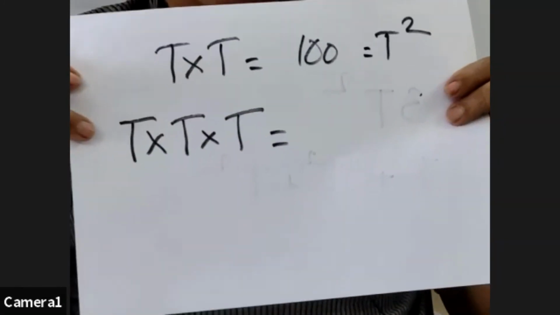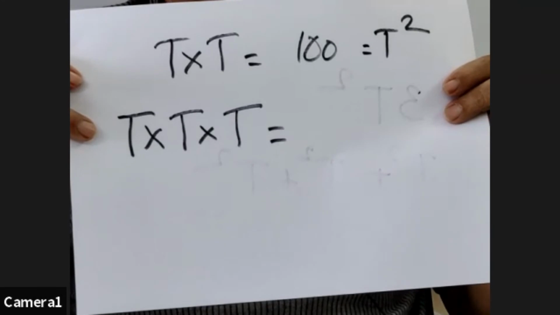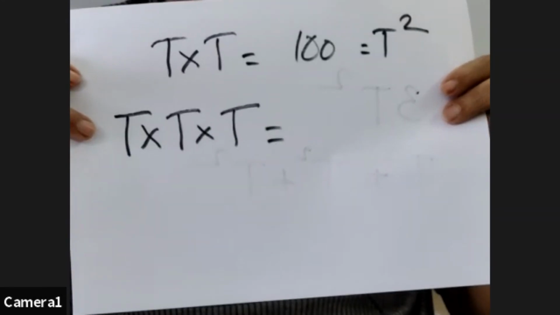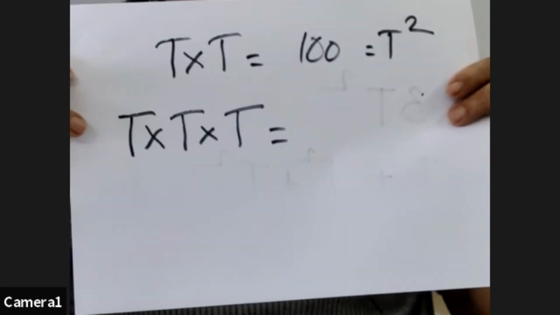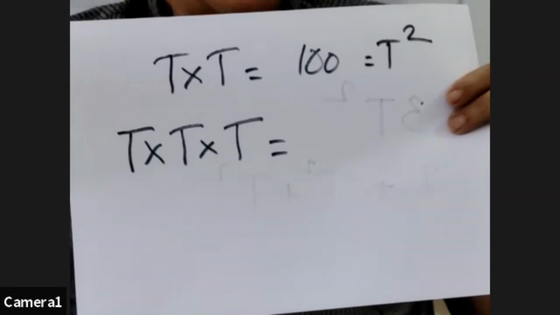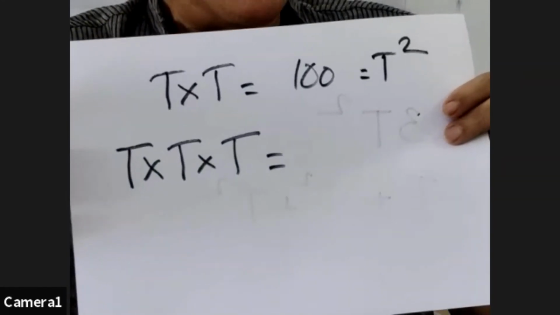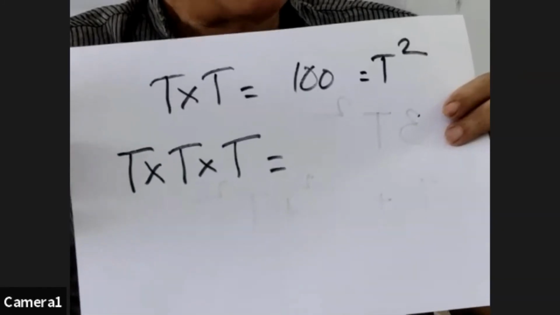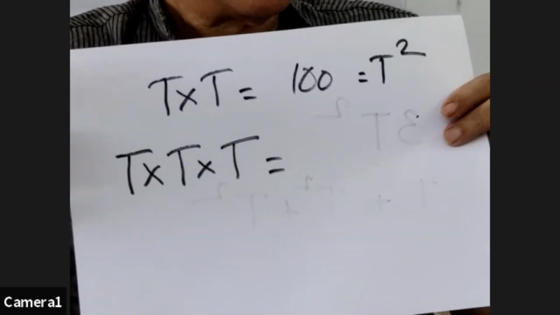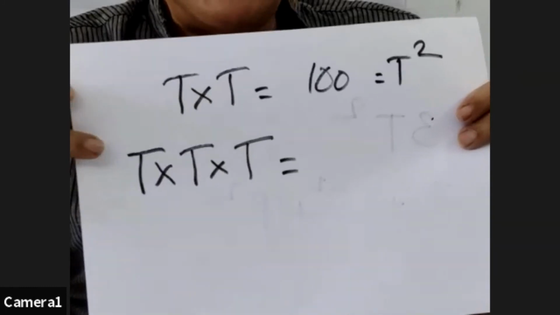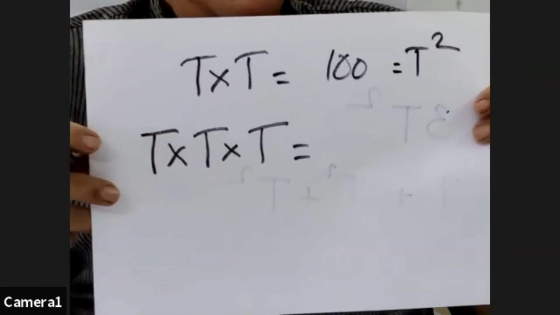What answer did you get? 1,000. Okay, because t into t is 100. Again multiplied by t is 100 multiplied by t. So 100 multiplied by 10 is 1,000. So t into t into t is actually 1,000.